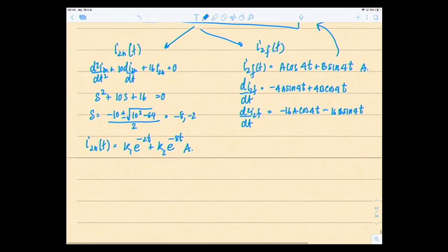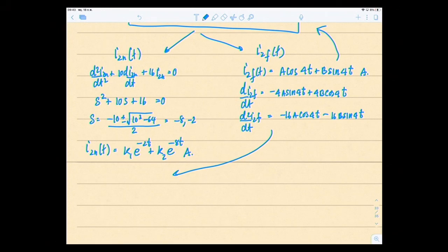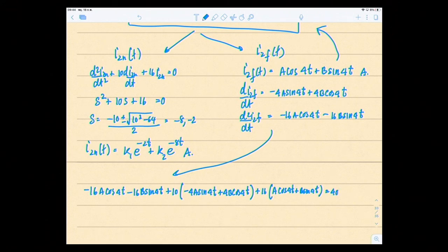Okay, let me continue here. First one, d²I2f/dt², so -16a cos 4t - 16b sin 4t, plus 10 times dI2f/dt, so -4a sin 4t + 4b cos 4t, plus 16 I2f, so 16(a cos 4t + b sin 4t), would be equal to 40 cos 4t.